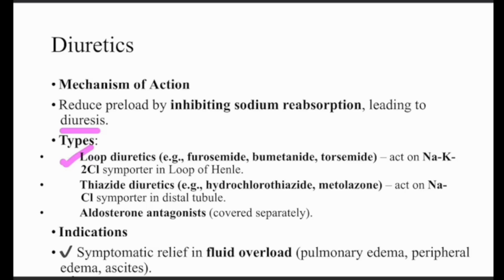So that is why they are called loop diuretics. Thiazide diuretics like hydrochlorothiazide and metolazone act on the sodium chloride importer in the distal tubule. Aldosterone antagonists will be covered separately. As mentioned, the indications are relief of fluid overload, that is pulmonary edema and pedal edema, ascites.